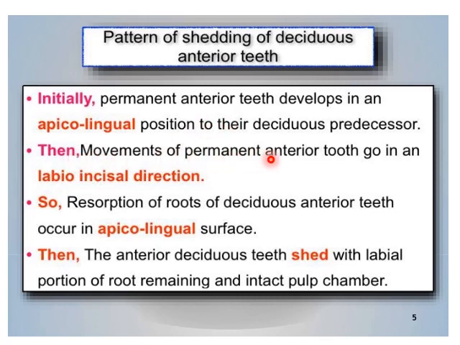Then movement of the permanent anterior tooth goes in a labio-incisal direction, as we said. So resorption of the root of deciduous anterior teeth occurs on the apicolingual surface. Then the anterior deciduous teeth shed with a labial portion of root remaining and an intact pulp chamber.